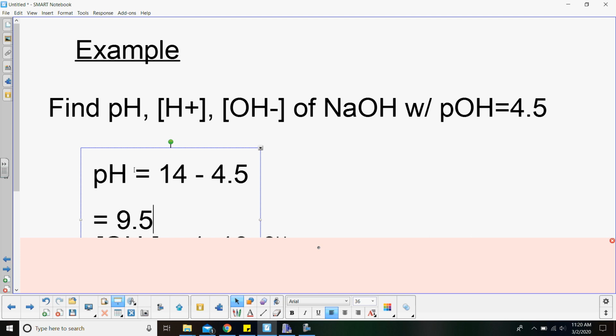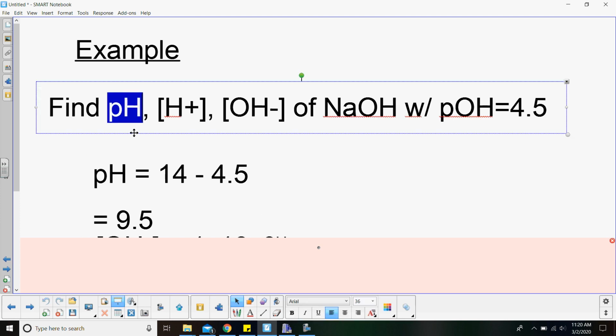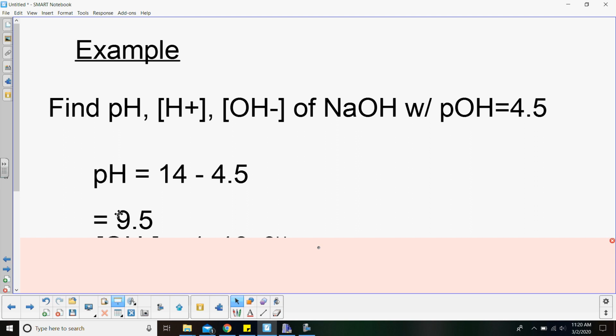So our pH value is 9.5. So that's one of our answers. Now I want you guys to stop and go back to see what equation you would use next. And there's multiple ways. There's not one way to go at this.